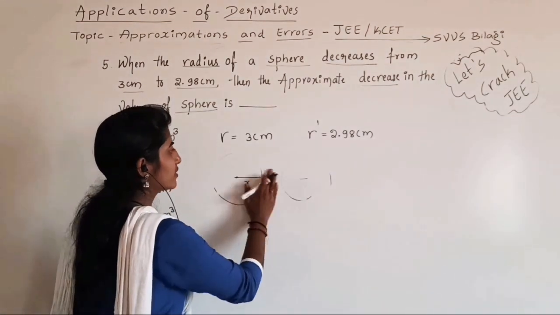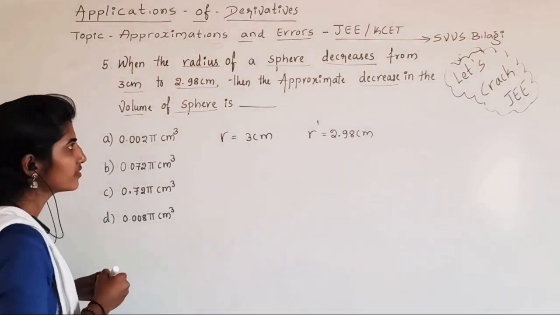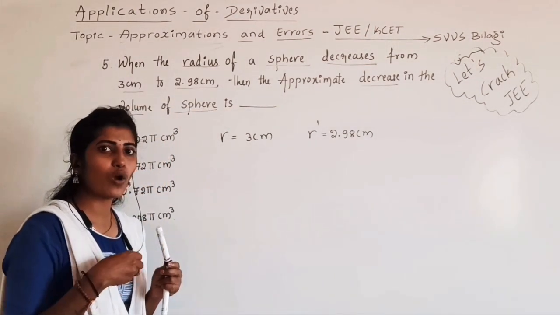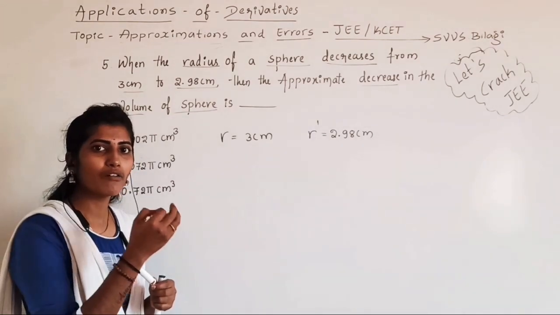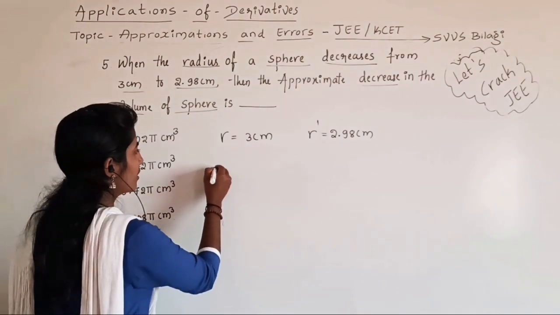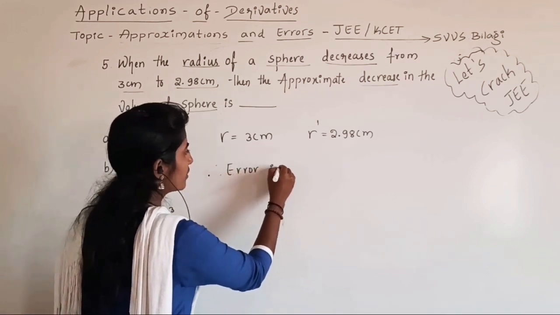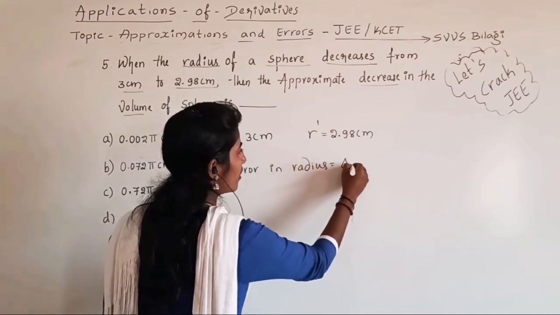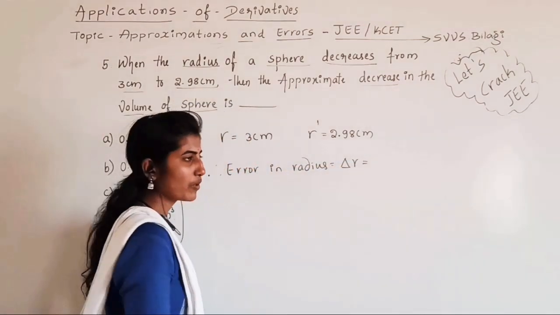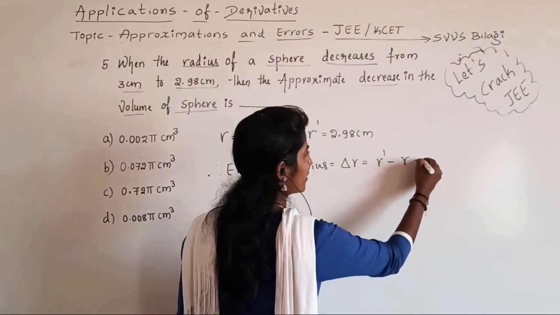So how to crack this question? Observe. We need to know what is the error in the radius. Therefore, error in radius is given by delta r, that can be taken as r dash minus r.